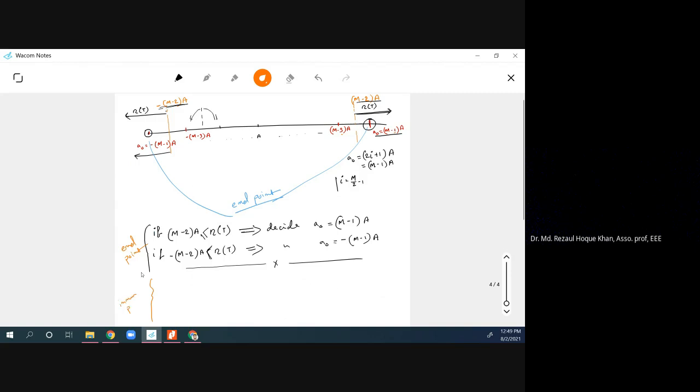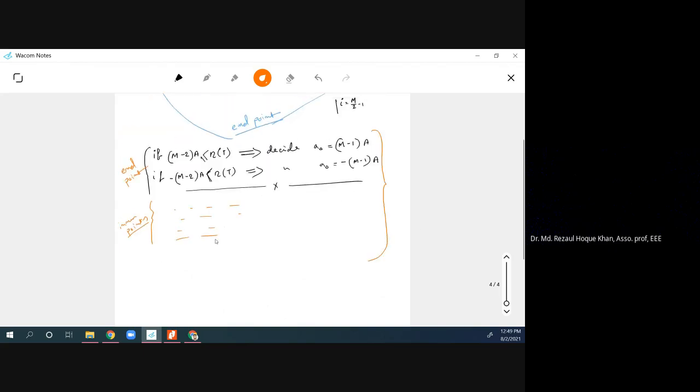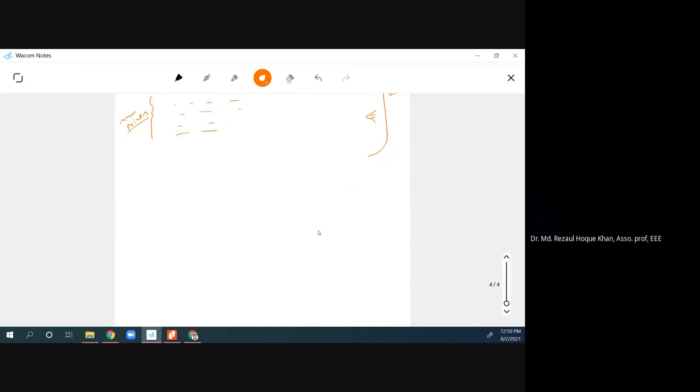I'm not repeating here, so this will be the inner points decision rule, which will be the total decision rule, like all combinations of the m levels. So we have the decision rule now. This is our standard procedure. We finish the transmission, we complete the reception, we decide that.